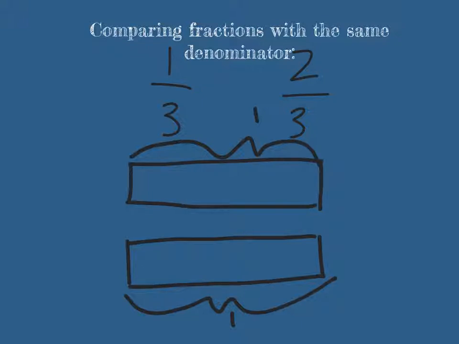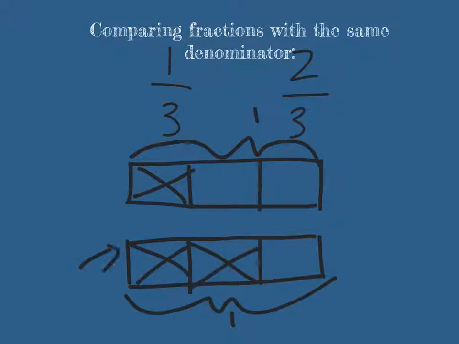The first one is 1/3. We split it into 3 parts, and here's your 1/3. The second one's 2/3. We split it into 3 parts again, and you have 2/3. That's what's X'd. From this picture, it's pretty clear that the 2/3 is larger than this 1/3.